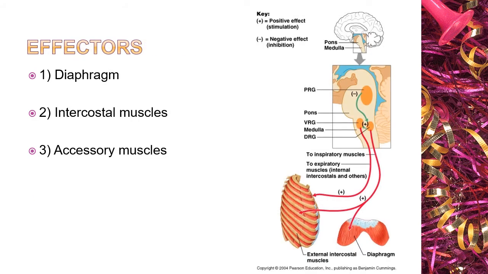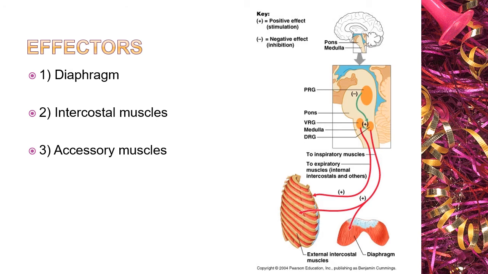Okay, so let's look at effectors, and we've talked about this in, I think, my first and second lectures, where I talked about the muscles and the mechanics of breathing. If you remember from my previous lecture, the diaphragm muscle, when it is in a relaxed state, is dome shaped.